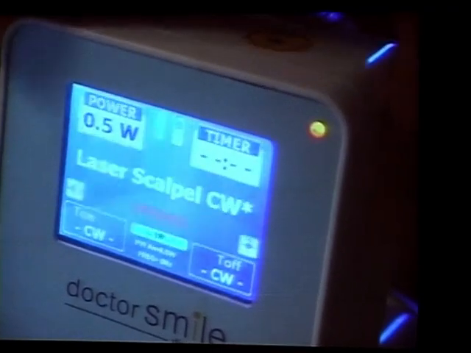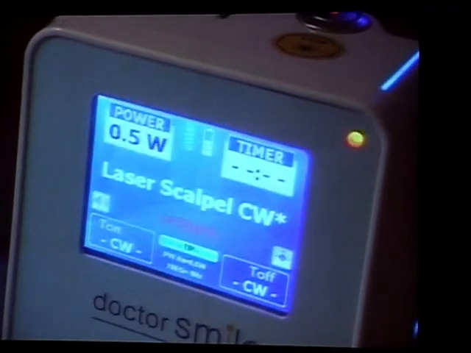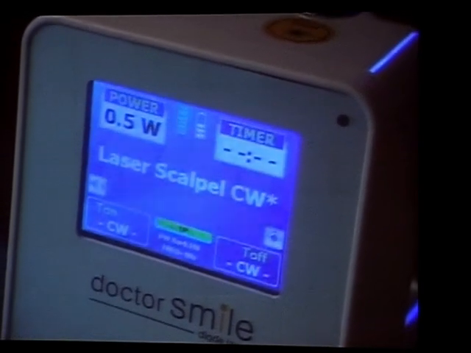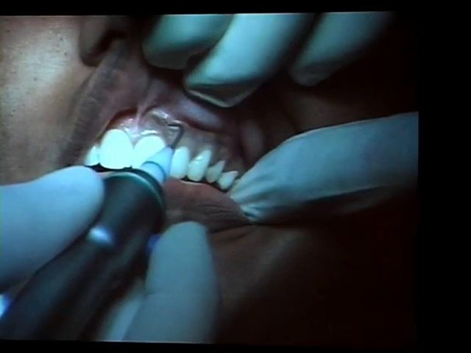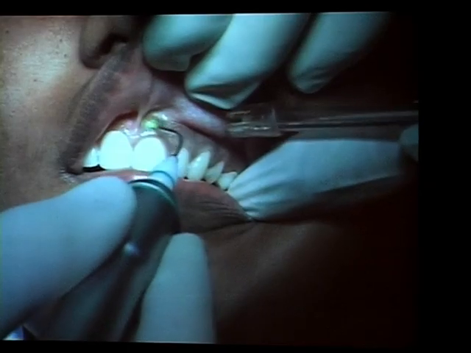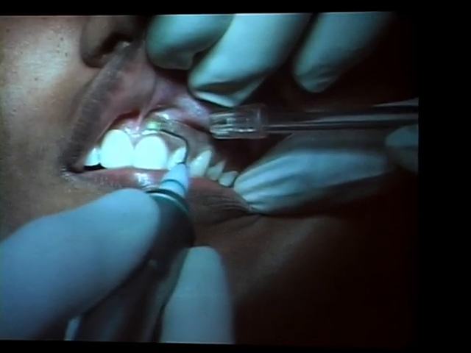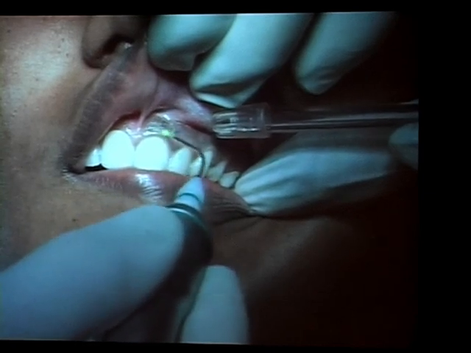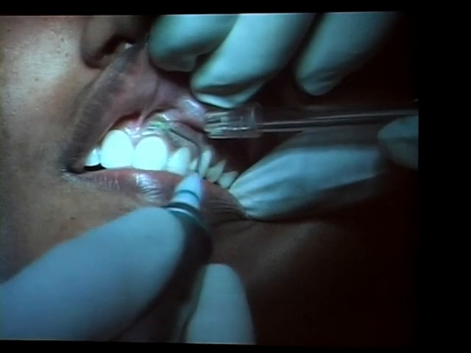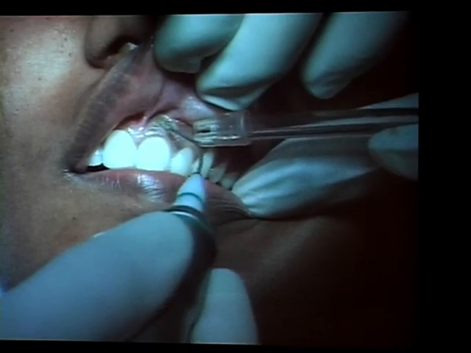Okay, so we start the procedure. We need the suction. And you see you really need the suction because it smells and there's bloom.